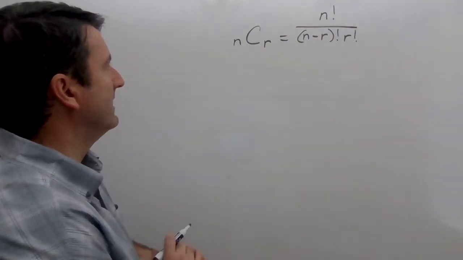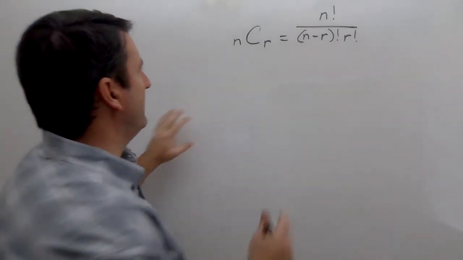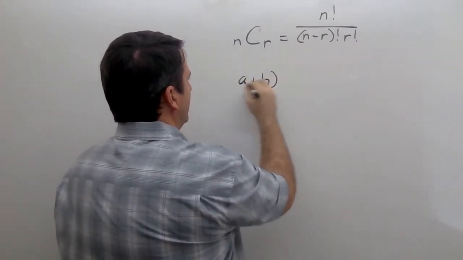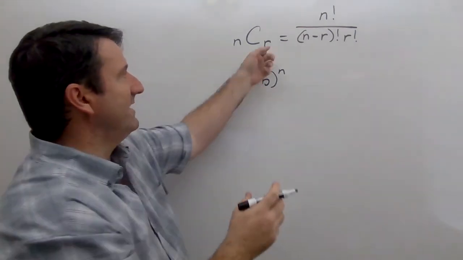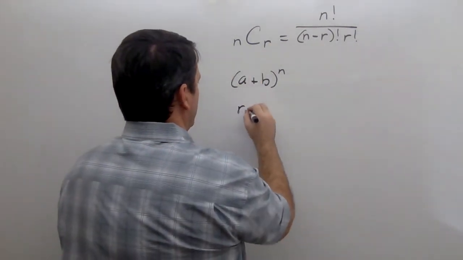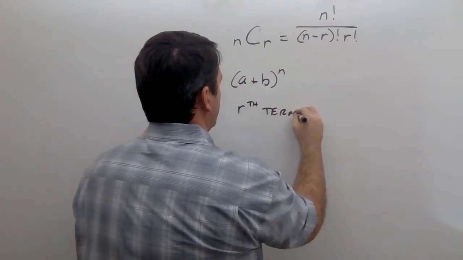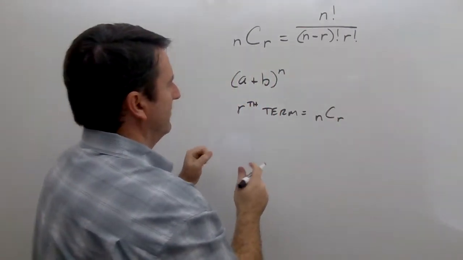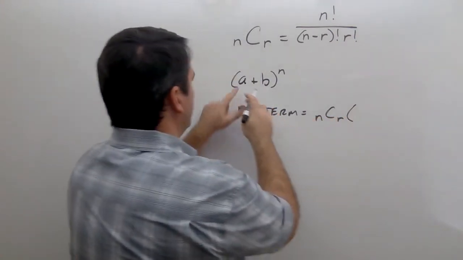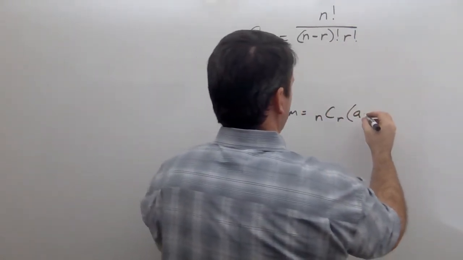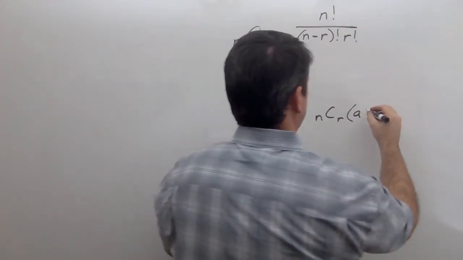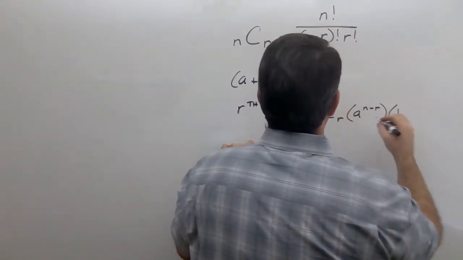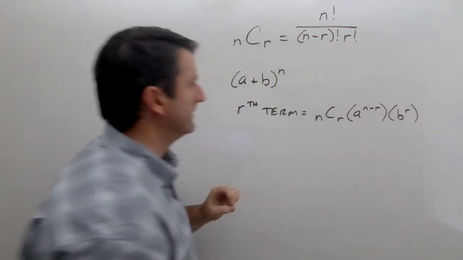All right. So our binomial formula says that if we've got a plus b to the nth power, and we're trying to find the rth term, then that's going to be given by n choose r, this combinations formula, times a to the n minus r power times b to the r power.